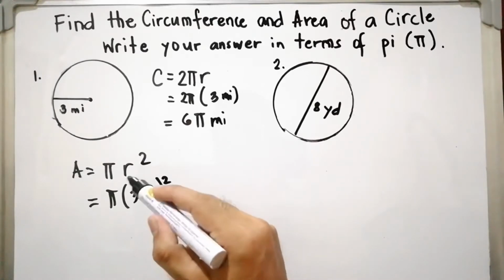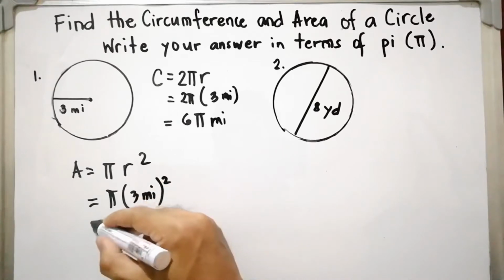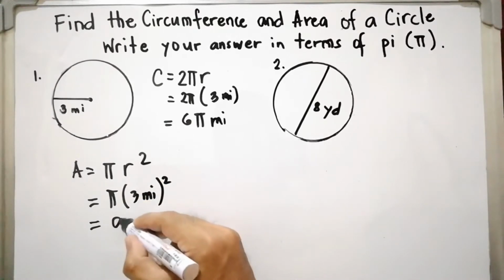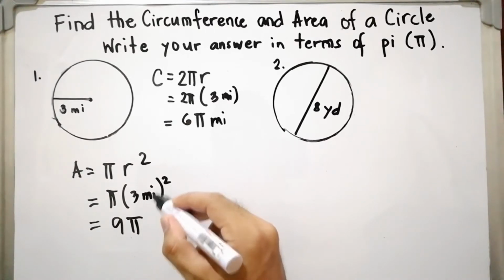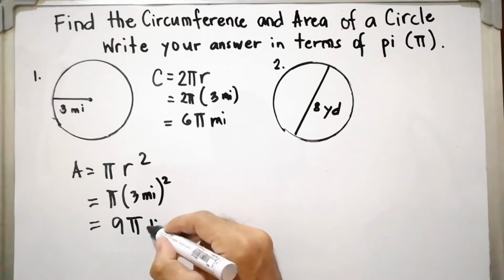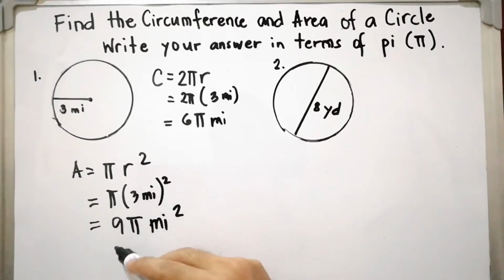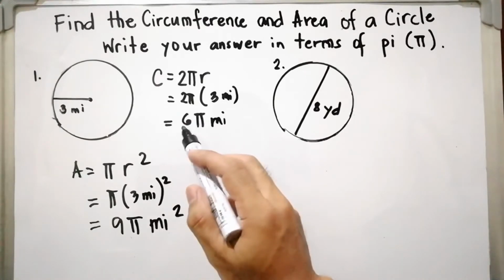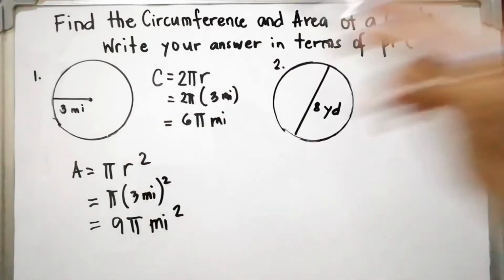So 3 times 3 or 3 squared is 9. Therefore, our final answer for the area is 9 pi, then miles times miles is square miles. So our area is 9 pi square miles and our circumference is 6 pi miles for item number 1.